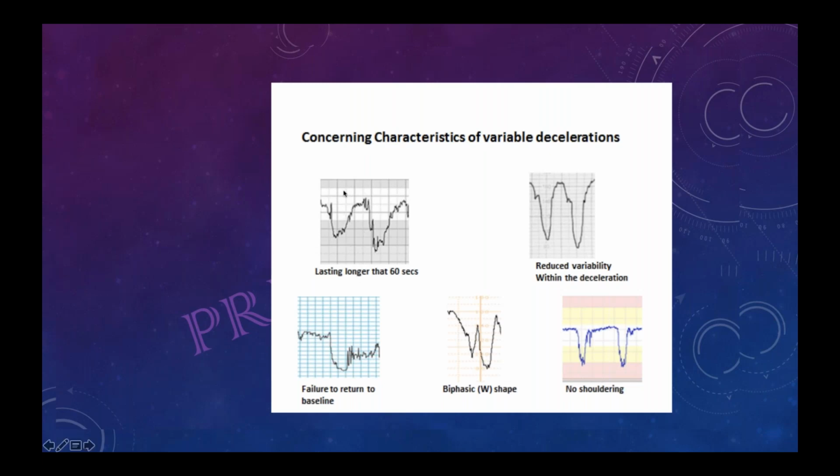If you see this, this is 1 minute, and this may be 15 seconds or more. So this deceleration, from start to coming back to baseline, is taking more than 1 minute or 60 seconds. So it is a concerning feature. Is it clear now? Clear, ma'am. Thanks a lot.